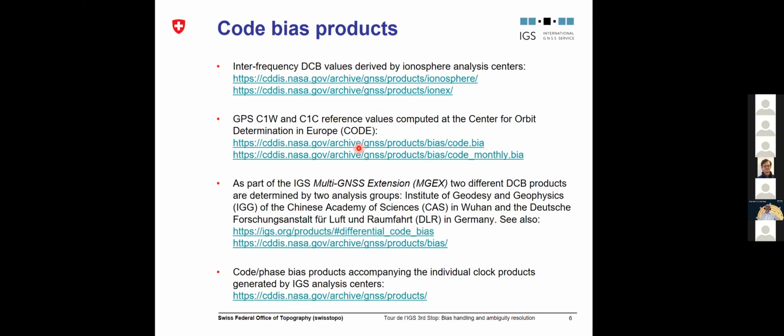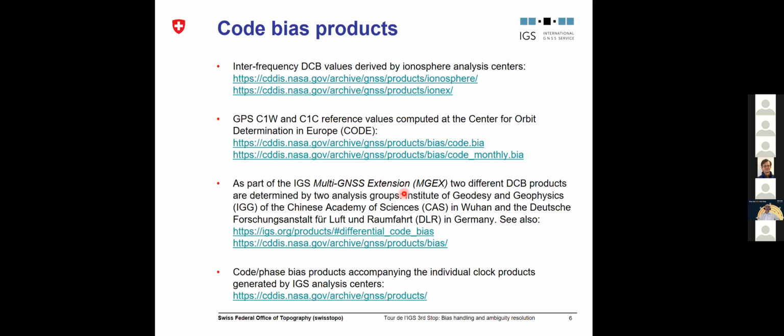Here is an overview of the code bias products. Let me start with the ionosphere analysis community, providing for decades interfrequency values. Here you see the link to the products they derive. Then we at CODE provide C1W, C1C reference values for making the data consistent for the GPS constellation.